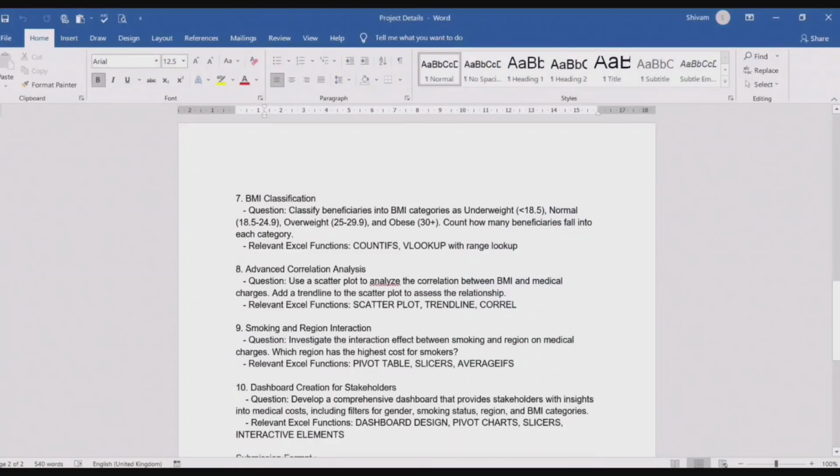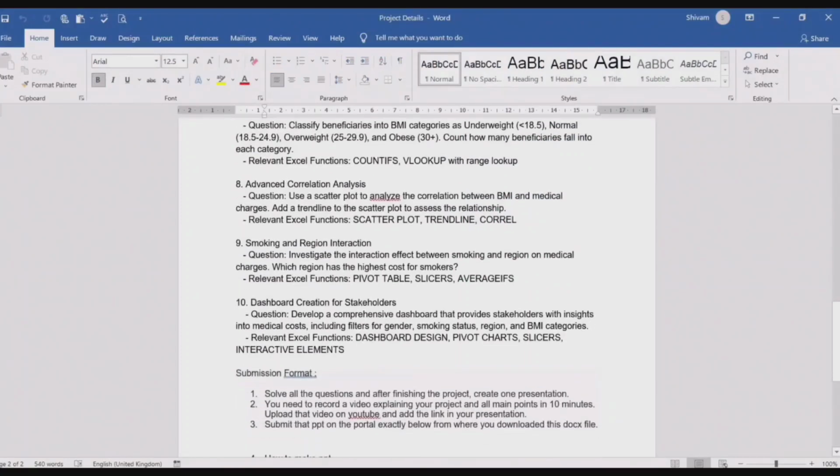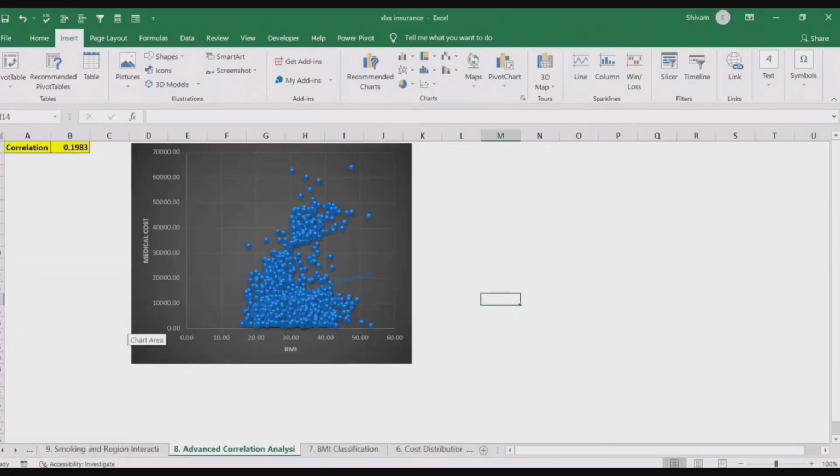Now jump to the next question, which is advanced correlation analysis. We have to use a scatterplot to analyze correlation between BMI and medical charges. Here I have calculated the correlation between medical cost and BMI using the correlation function.